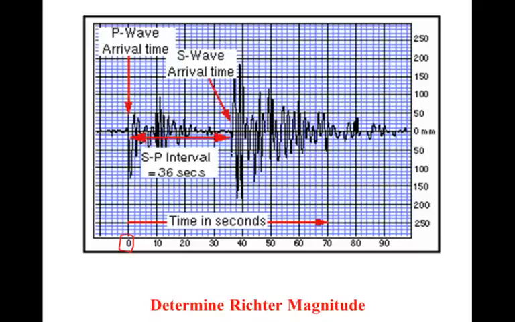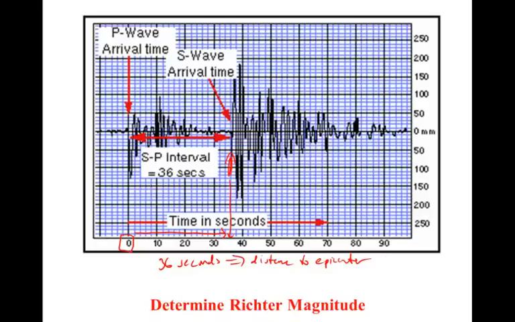S waves arrive sometime afterwards. Here's where the S waves first start arriving. That difference in arrival times for this sample is 36 seconds. We'll use that difference in arrival times to determine a distance of that station to the earthquake's epicenter.